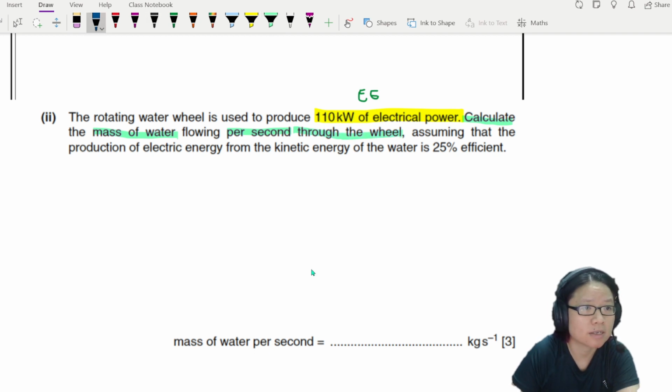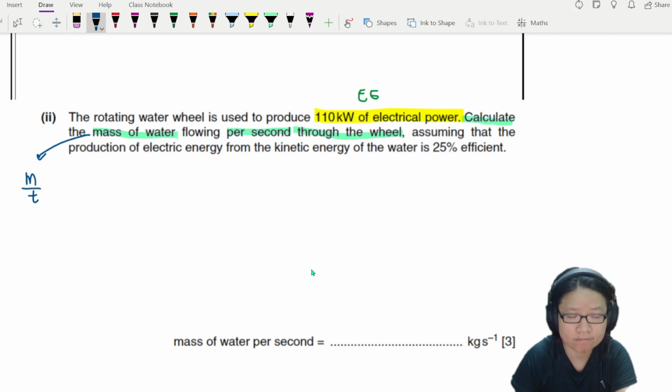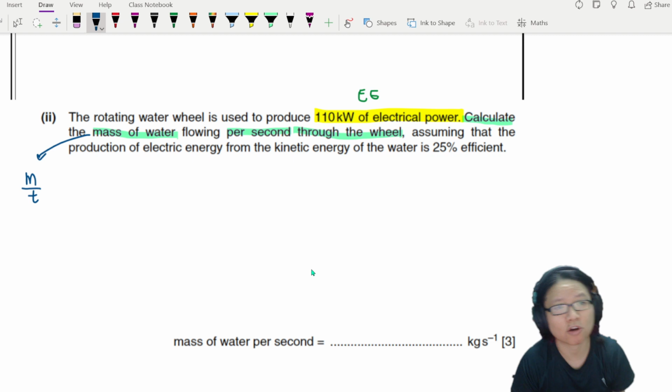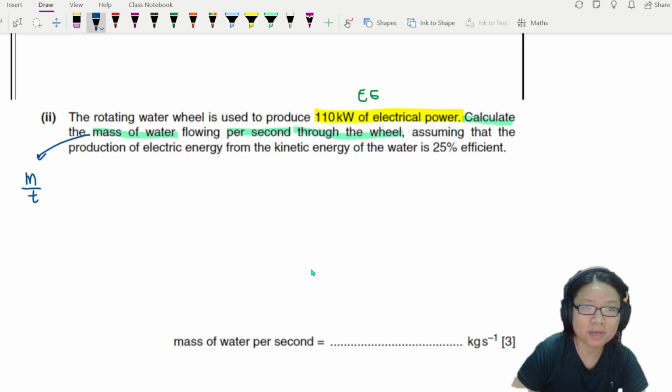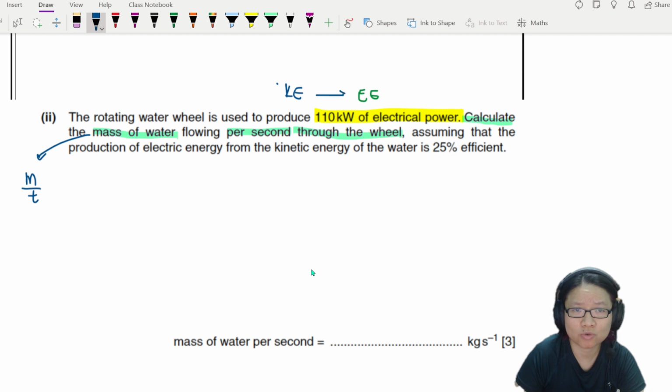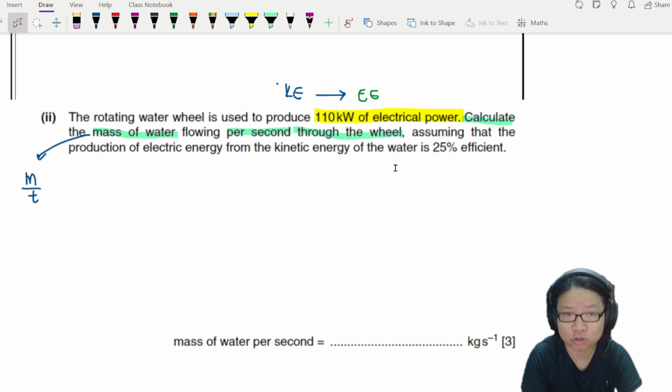So basically, they're asking us to find the mass per second, so mass per unit time. Assuming that the production of electrical energy from kinetic energy is 25% efficient.